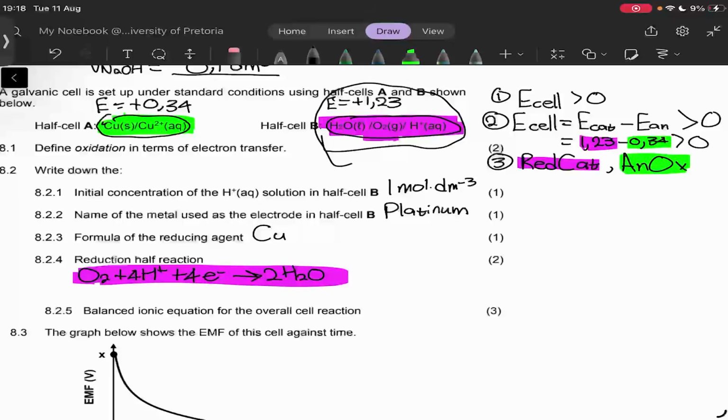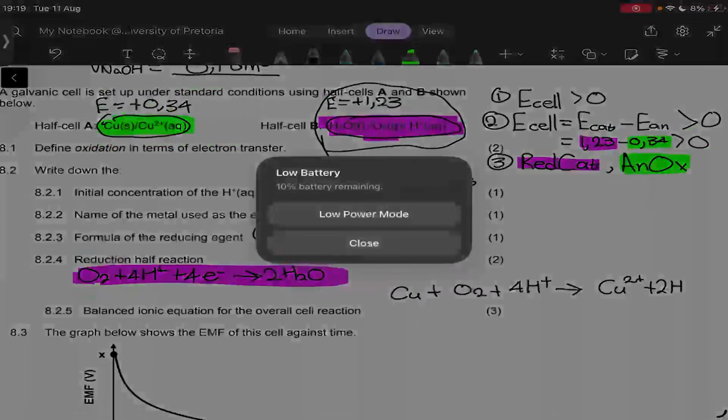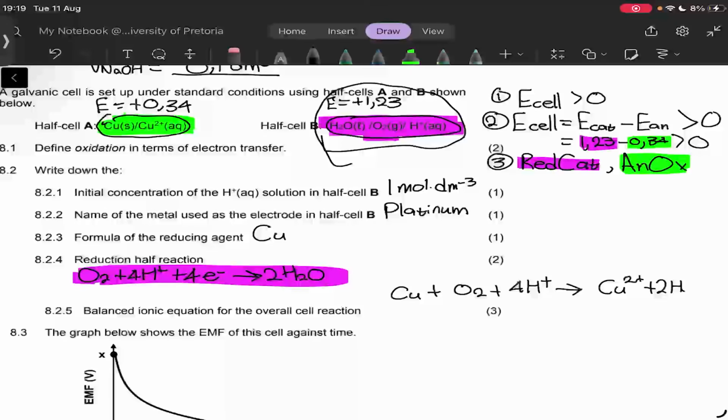First you write copper plus O2 plus H plus. I put my single arrow, and that becomes Cu2 plus plus 2H2O. And now I need to balance.